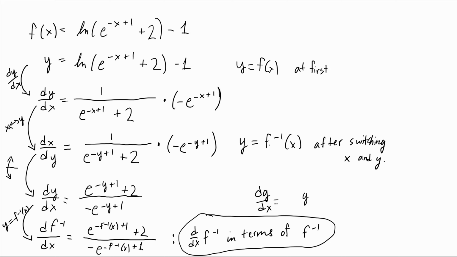But we also notice that when we swap x's and y's, we have dx over dy, and that's equal to this. But if we want the derivative of f inverse, or y, say in this case now, because now they've swapped, we reciprocate.